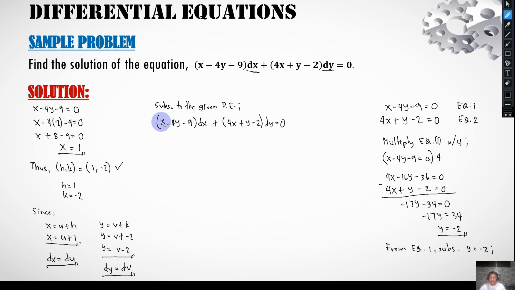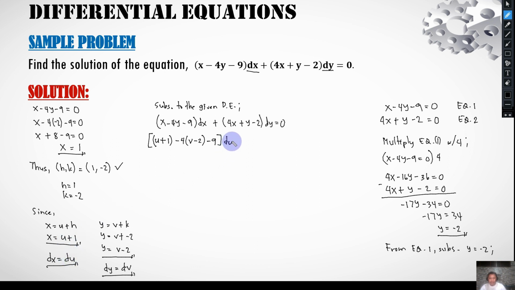So yung x natin is equal now to u plus 1, so we have now this u plus 1, and then minus 4y. Yung y naman natin is meron tayong v minus 2, and then minus 9. Okay? So i-bracket na lang natin to, students. So this is dx, yung dx natin is just equal to du.